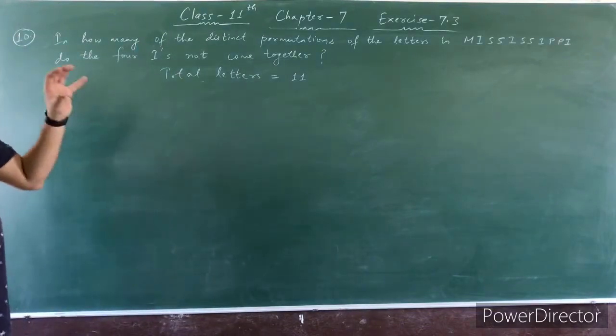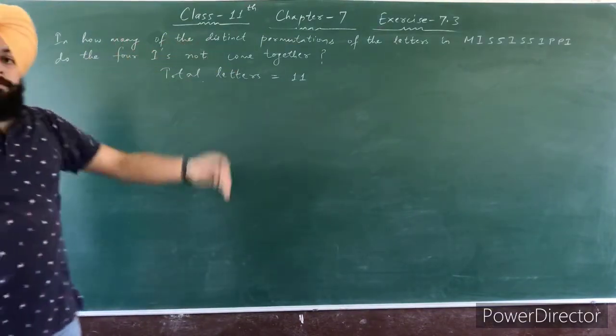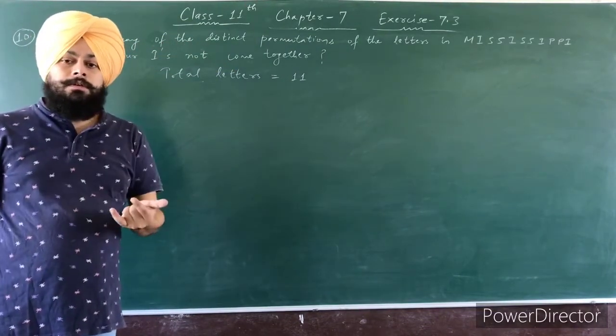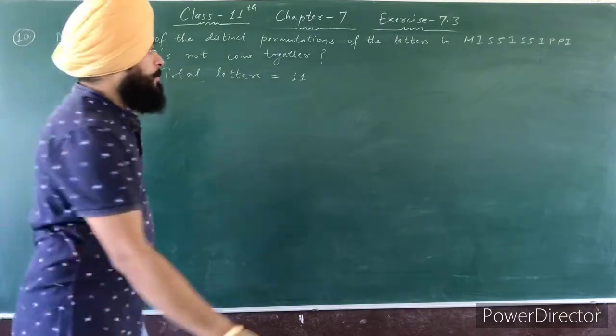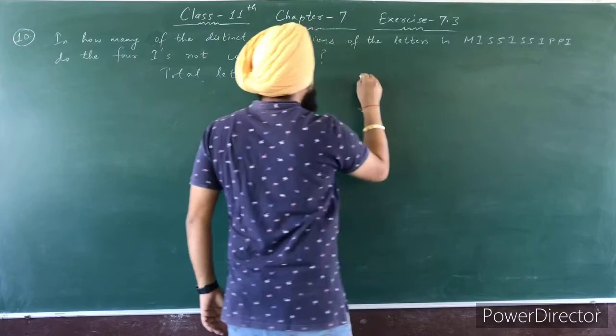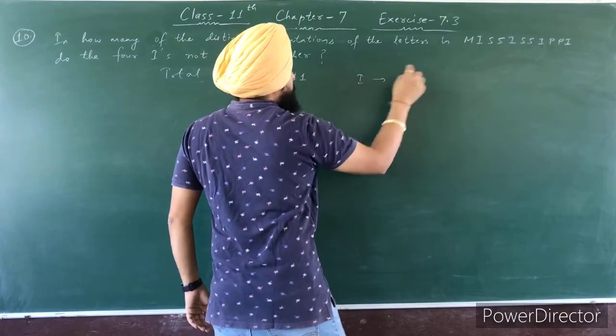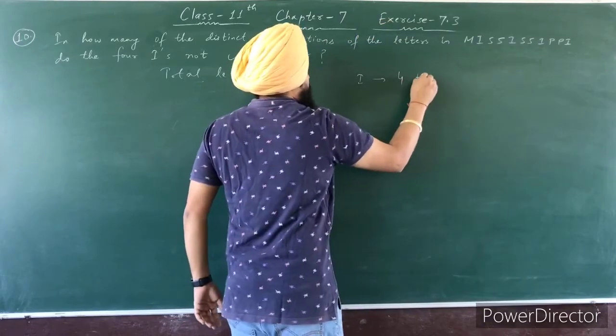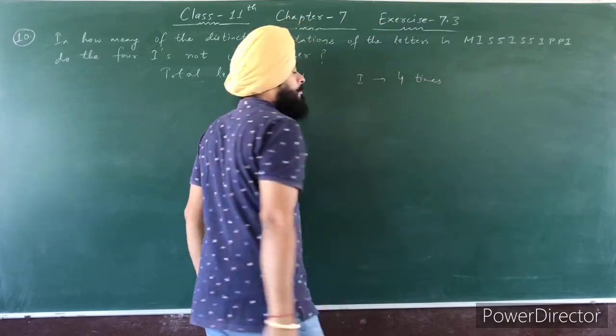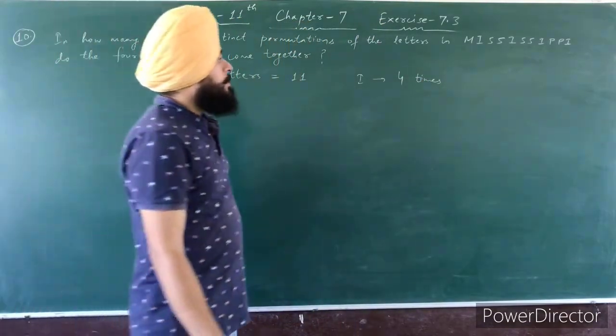Now you have to check which letters are repeated more than once. So first see here I. I comes how many times? 1, 2, 3, 4. I comes 4 times. Next, which letter is repeated?